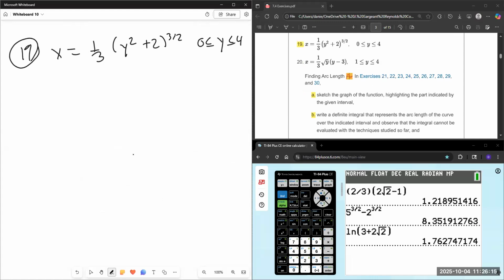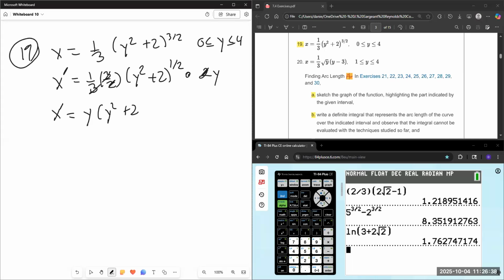I'm going to be finding x prime, and that's going to be 1/3 times 3 halves y squared plus 2 to the 1/2 times the derivative of the inside, which is 2y. 3's will cancel, 2's will cancel, and leave me with x prime is equal to y times y squared plus 2 to the 1/2 power.